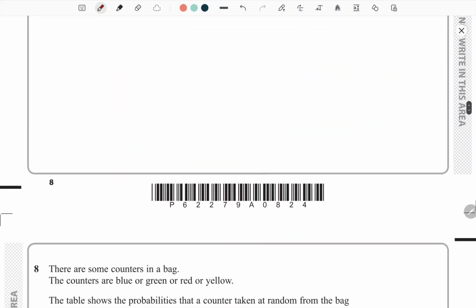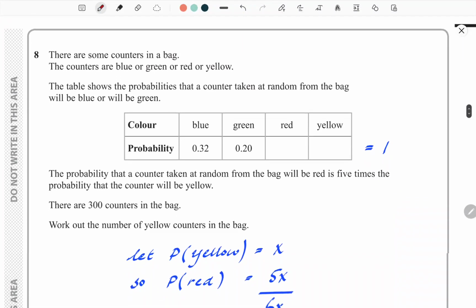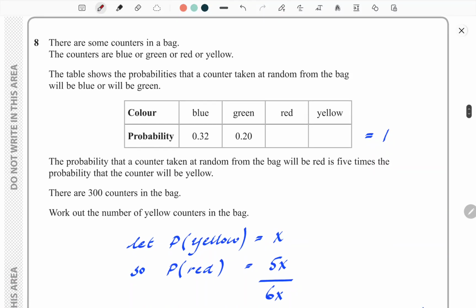All right, so question number 8, probabilities, all right? Some counters in a bag, and there are different colors, blue, green, red, yellow, etc. And the table gives you the probabilities. They've already given you the probability for the blue and the green, right? 0.32 and 0.2 respectively.